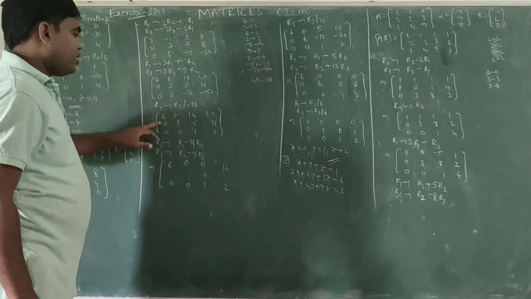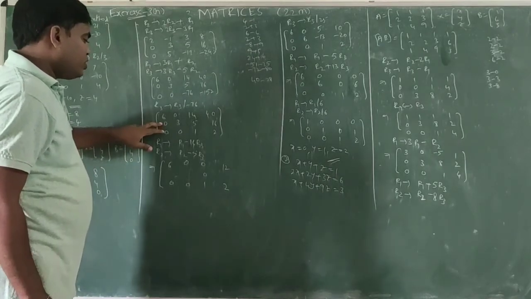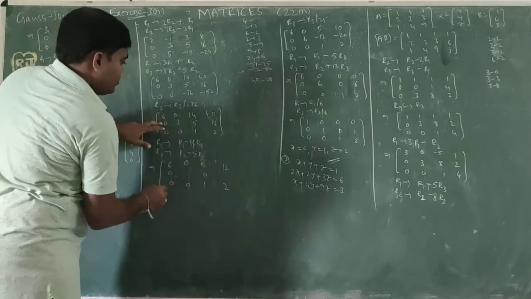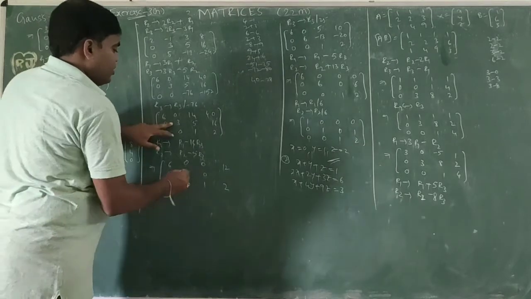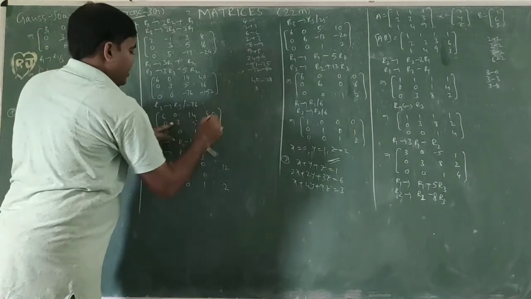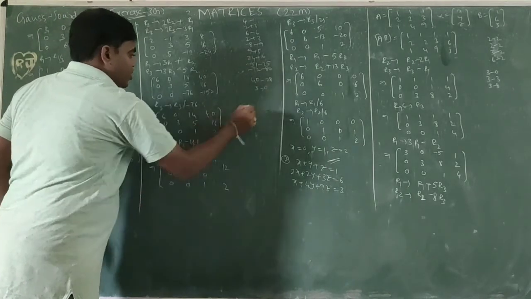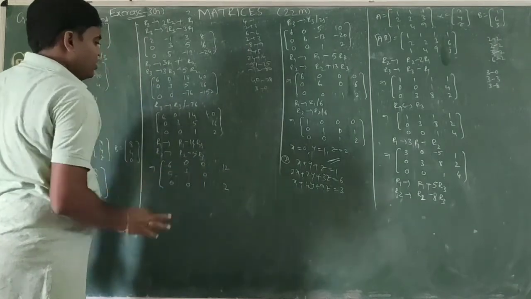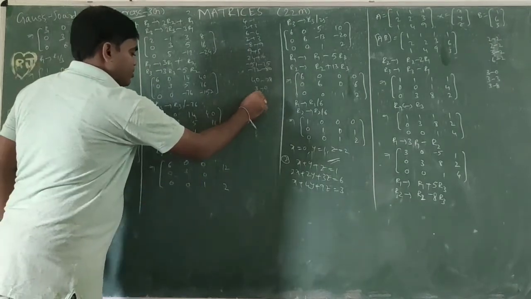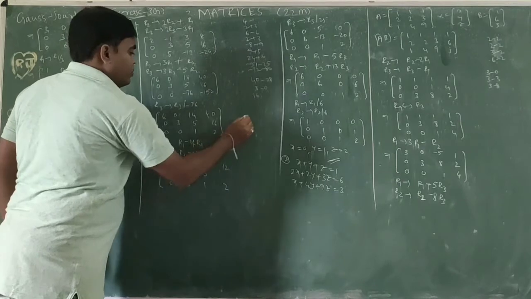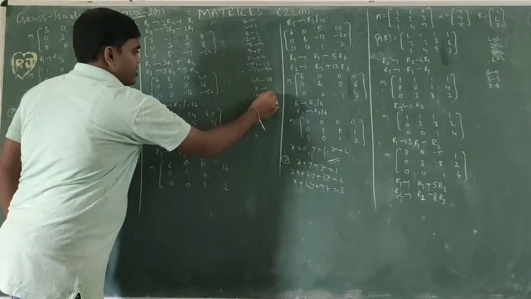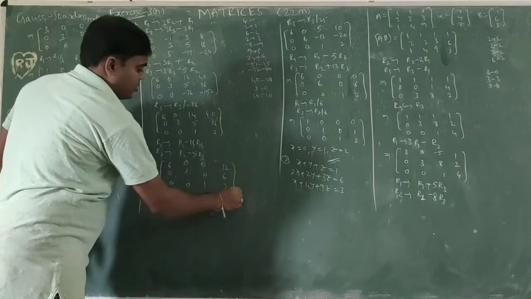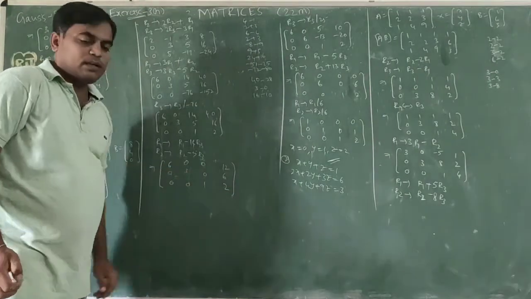Next, coming to this one: 0, 0, two zeros, automatically 0. 3 minus 5 into 0, 0. 3 minus 0, 3. So this is 0. 16 minus 5 into 2, minus 10. 16 minus 10, 6. Now it is a diagonal matrix.